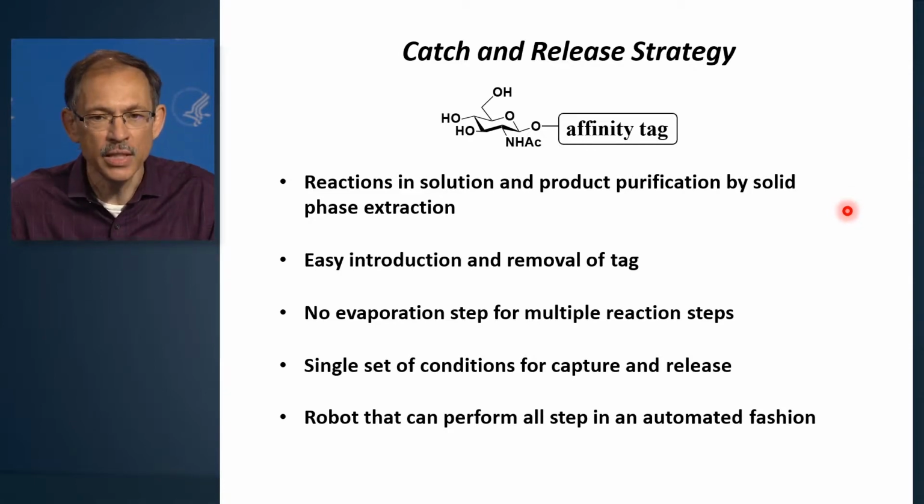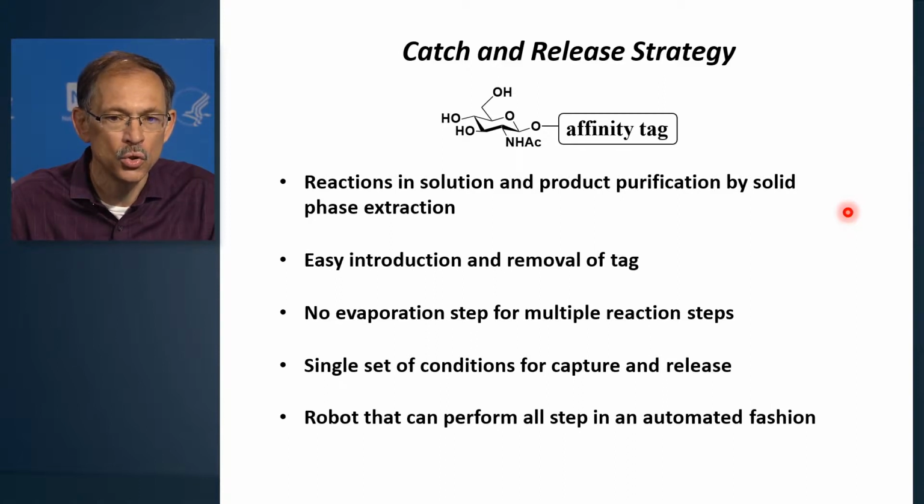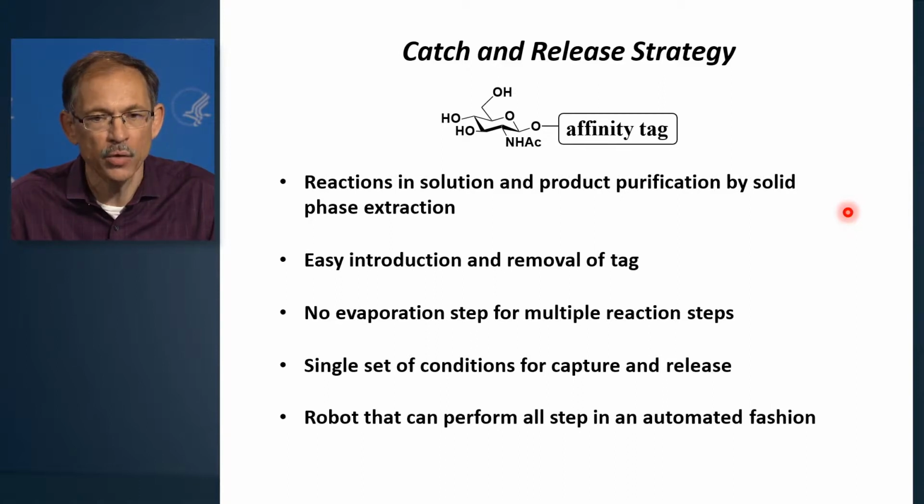First of all, we need to identify a tag that can easily be introduced and removed without affecting the complex carbohydrate. We don't want to do any evaporation steps because that would make automation complex. We want a single set of conditions for capture and release, whether it's a monosaccharide or a 20-mer. These conditions should be the same. And finally, we need to develop a platform that makes it possible to automate all these steps.